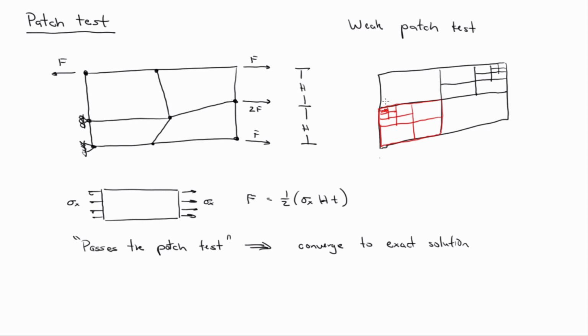You need to take a series of consecutively refined meshes and look for the quantity of interest that you're interested in. If you're a mechanical designer, it's probably stress, or if you have plasticity, plastic strain or something, that you want to look at, and there's only so much you're going to tolerate.